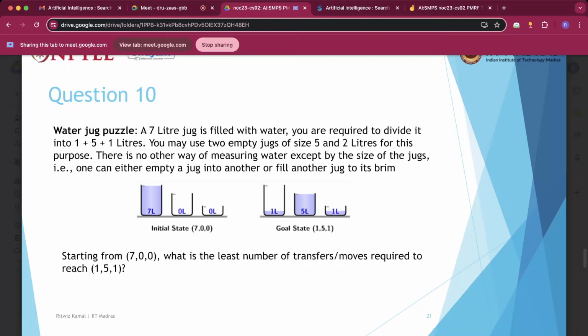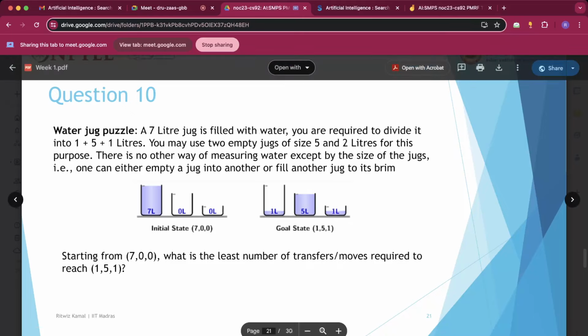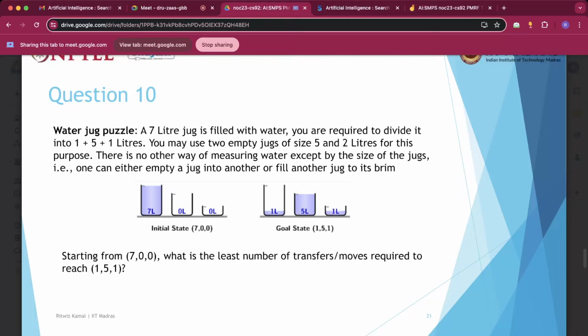The actions that we can take over here are that we can pour water from one jug into another until the jug is completely filled. We cannot take out a specific amount of water from a jug and pour that amount into another jug. For example, in the initial state, the leftmost jug is 7 liters full, so we cannot just take 1 liter from that and put it in the rightmost jug. That is not allowed.